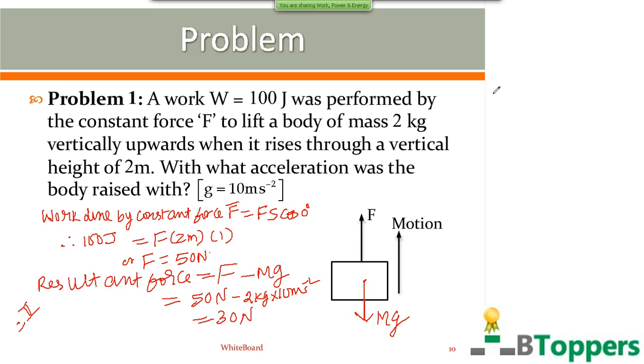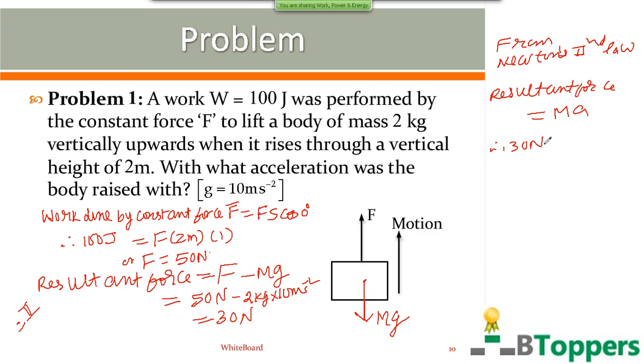From Newton's second law, the magnitude of the resultant of all the external forces acting on the body will be equal to the product of its mass and acceleration. So magnitude of the resultant force is equal to 30 newtons.